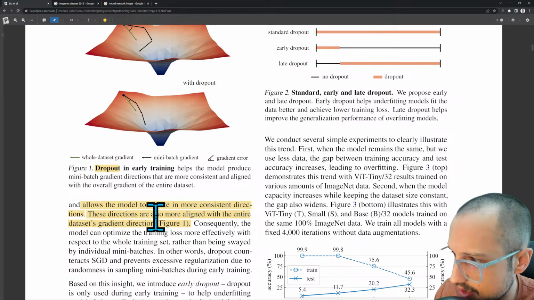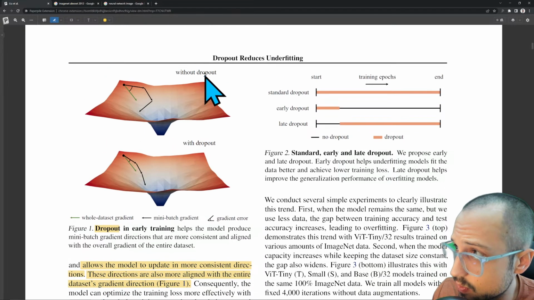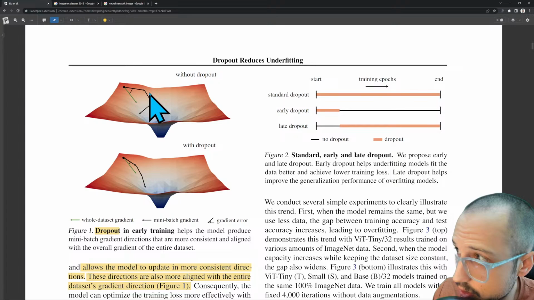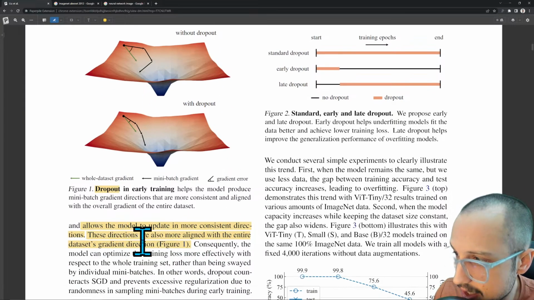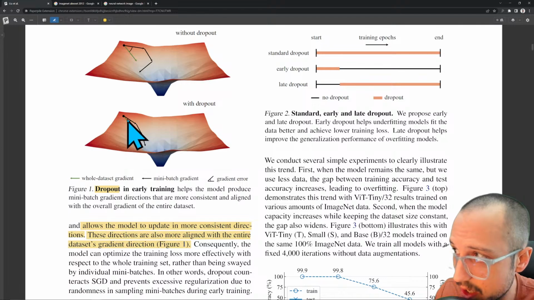So they're saying without dropout, you're moving a little bit more randomly, but with dropout, the directions are more aligned with the entire data set's gradient descent. So if you calculate the gradients for a mini batch, and that particular mini batch was evaluated with dropout, the resulting direction, the resulting change that you make in the model parameter space is going to be more aligned with the entire data set. At least that's what they're saying, right?